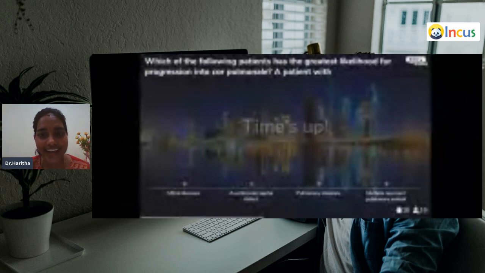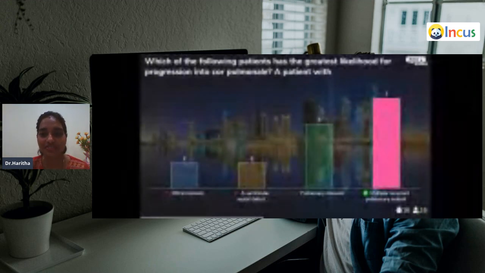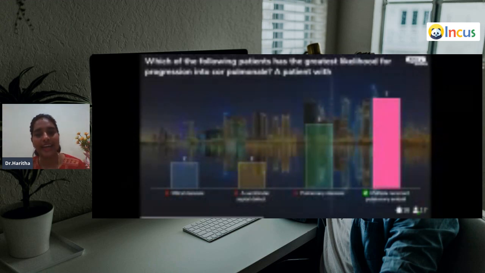Okay, fine. We have 7 answered correctly, 5 answered pulmonary stenosis, 2 answered ventricular septal defect, and 2 answered mitral stenosis. Let me clarify why it is not mitral stenosis. Forget about pulmonary stenosis, but these have left-to-right shunts, and in all these conditions there is no cor pulmonale involved.